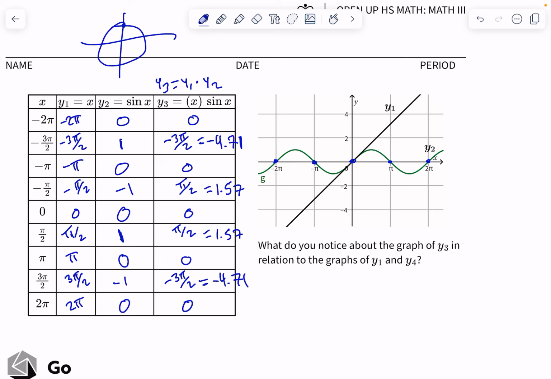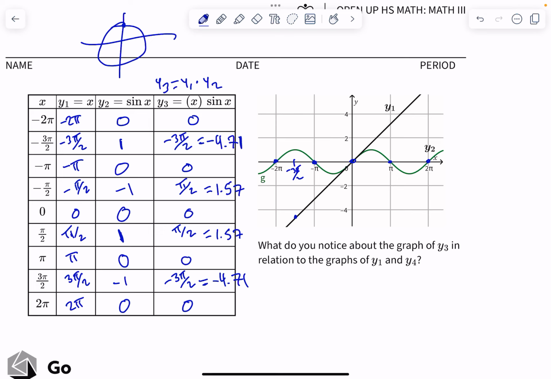So negative 3 pi over 2 is right there, right in the middle. We're talking about negative 4.71. So this is negative 3 pi over 2, and let's put that somewhere here. Yeah, negative 4.71. Because these are going by 2, so that seems about right.